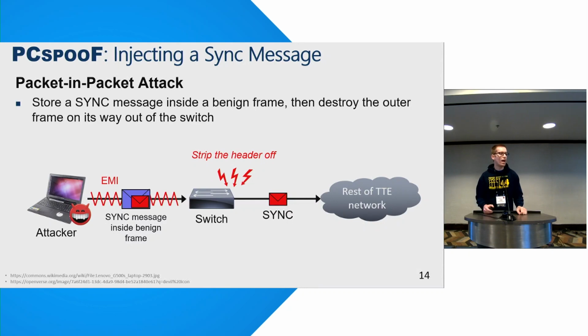And the way that we do that is with EMI, or electromagnetic interference. So the attacker will actually conduct EMI over the same Ethernet cable that it's communicating over into the switch. So there's no extra connection to the switch or anything like that. And we show in our paper that using this conducted EMI, we can actually induce link resets in other switch ports, like other nearby switch ports. And specifically what we want to do is we want to get a link reset of this second switch port that the message is traveling out of.